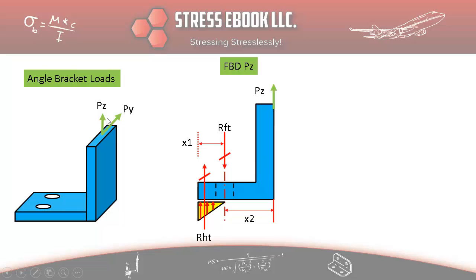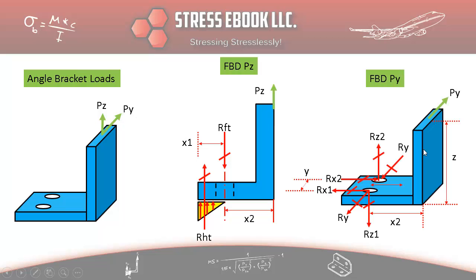So the next one would be the free body diagram due to this PY. So let's separate that out, and that's going to be this one here. A very complicated looking free body diagram. Believe me, it's really not that complicated once you break it down. Essentially what you see here is we have this Y load going over here. So this produces various different kinds of reactions at these fasteners due to the moments and the loading that is going in plane.